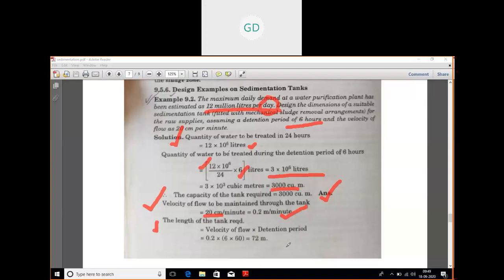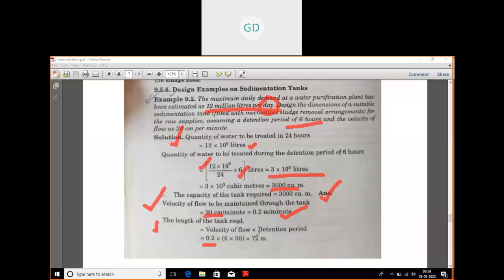Velocity is 0.2, and since the velocity is in meter per minute, the detention period, given as 6 hours, needs to be converted to minutes.